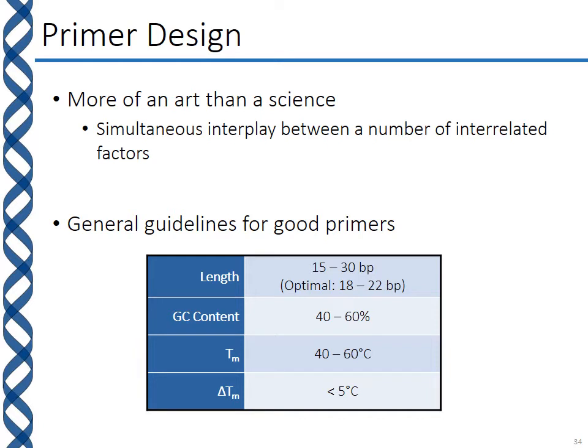So with that, we shoot for a TM of between 40 to 60 degrees typically, and that is probably the parameter that's most sequence dependent on exactly what it is you're trying to amplify.